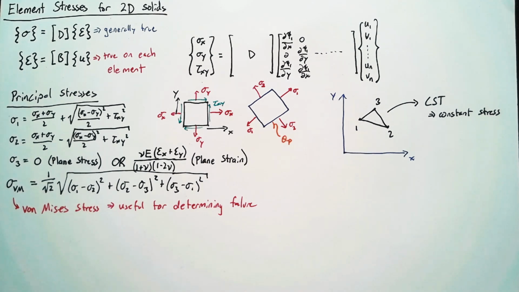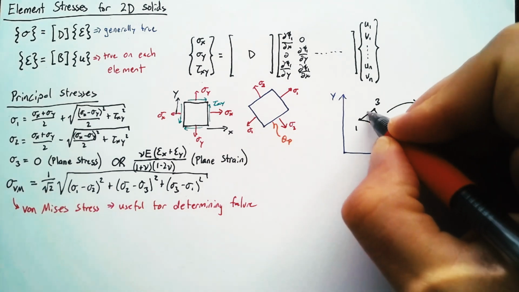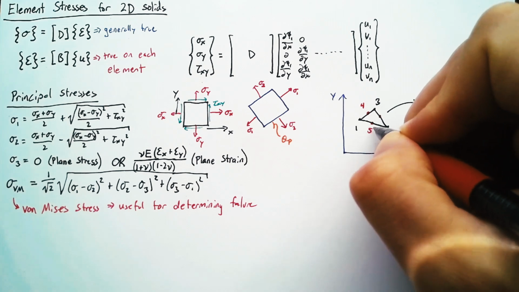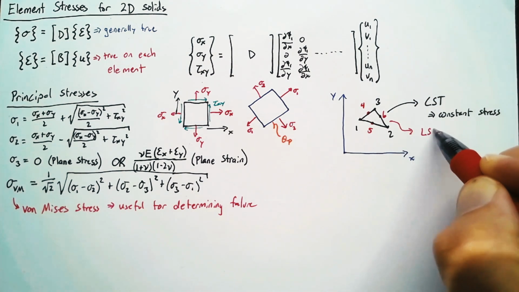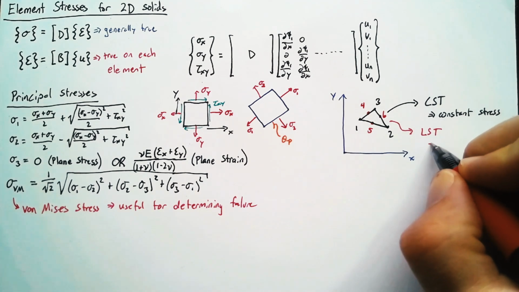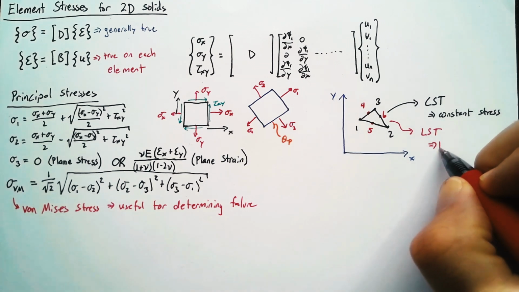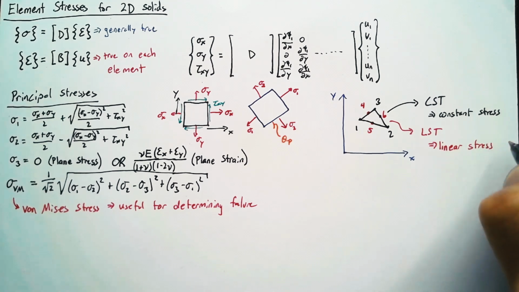Now, there are other elements that we might be interested in. One of those is a linear strain triangle. So for a linear strain triangle, we just add a couple more nodes. And again, if we have linear strain or linearly varying strain, that means that we also have linearly varying stress.